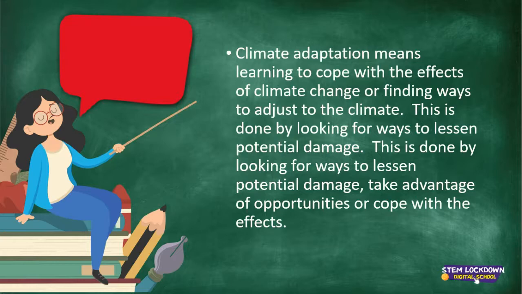So this basically means that you're going to find a way to live with the damage. So maybe you will introduce an electric car, and you'll use an electric car over a car that depends on fuel, and you'll do things like that.